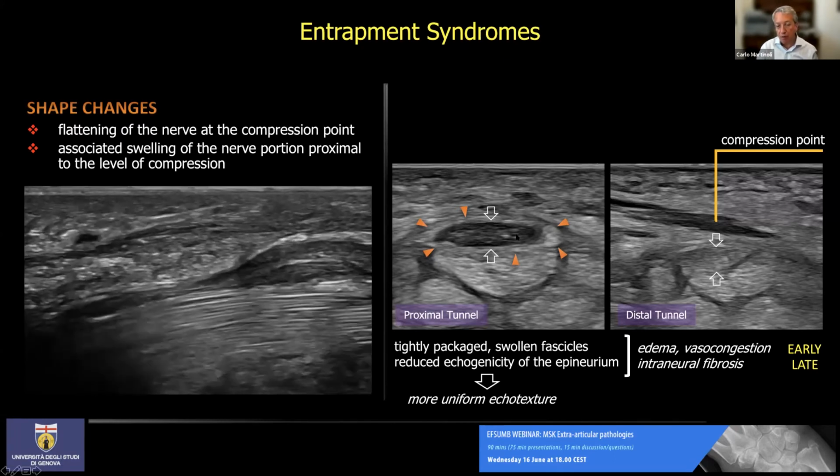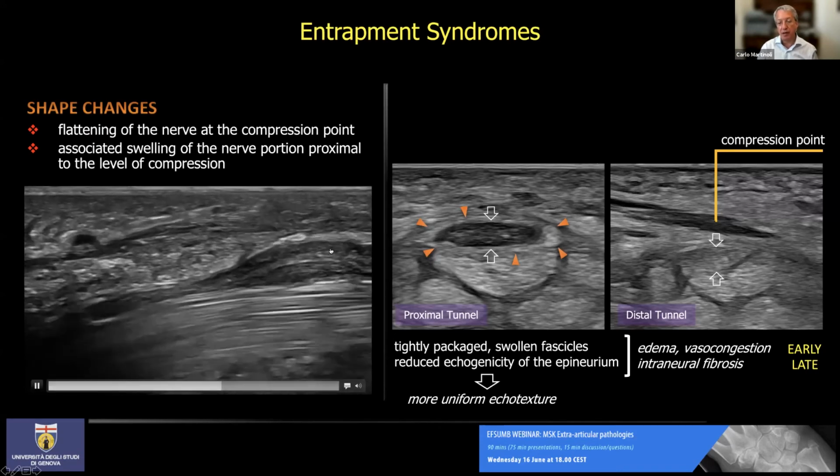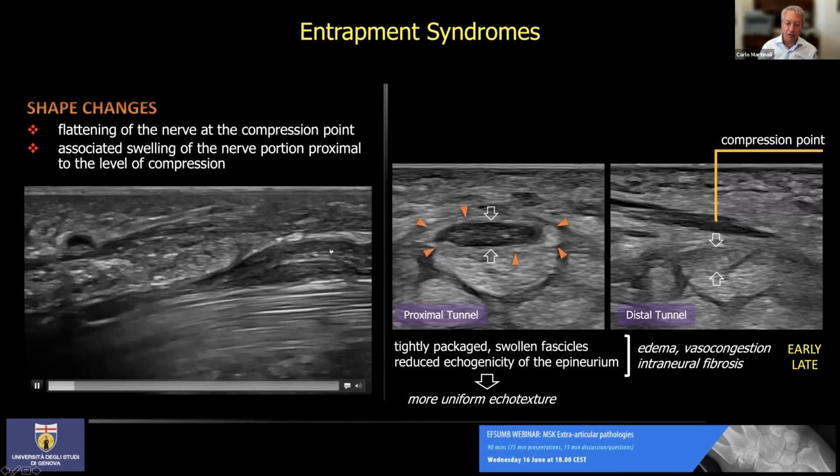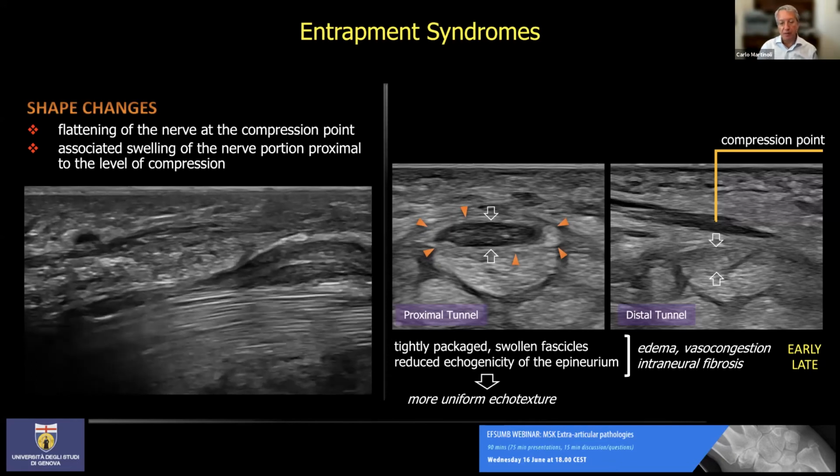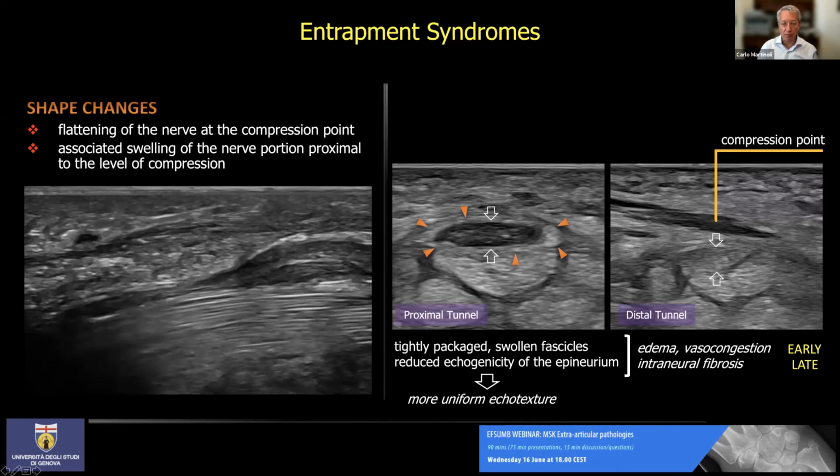This hypoechoic swollen appearance depends on edema and vasocongestion in the early phases, but later on it may be caused by intraneural fibrosis.